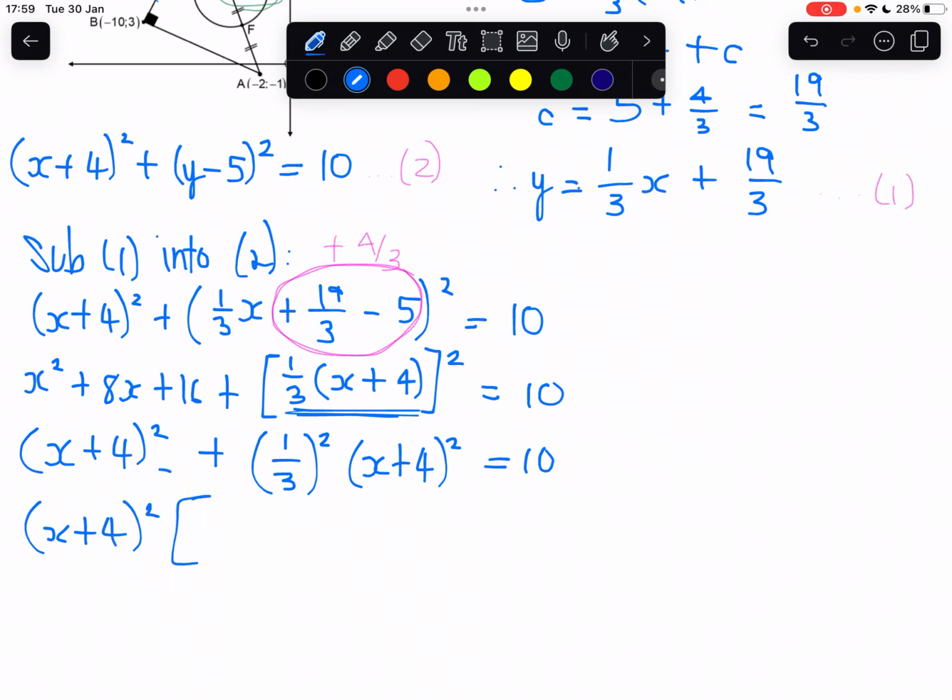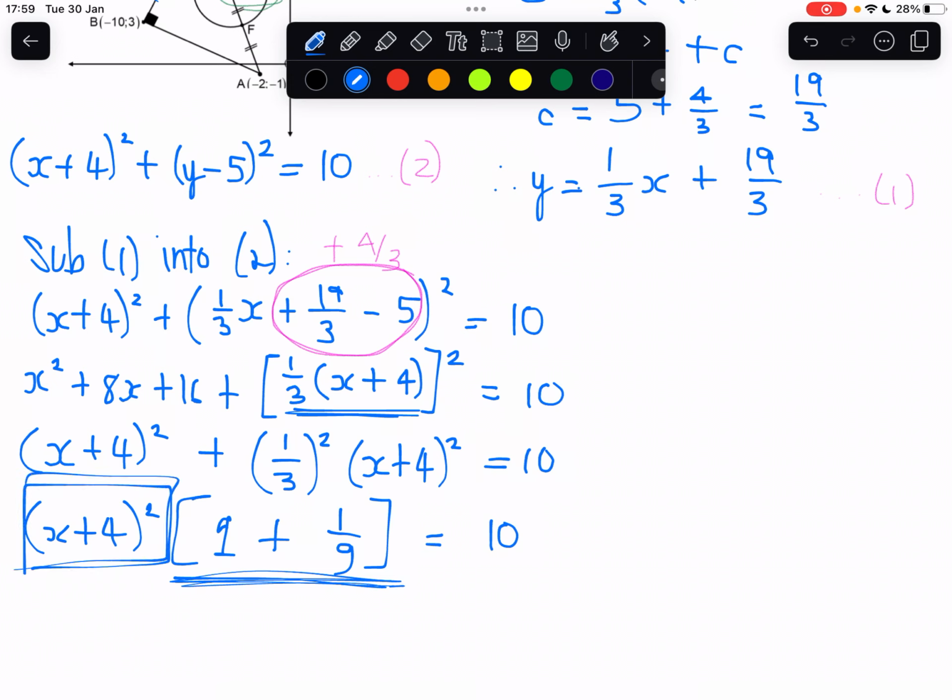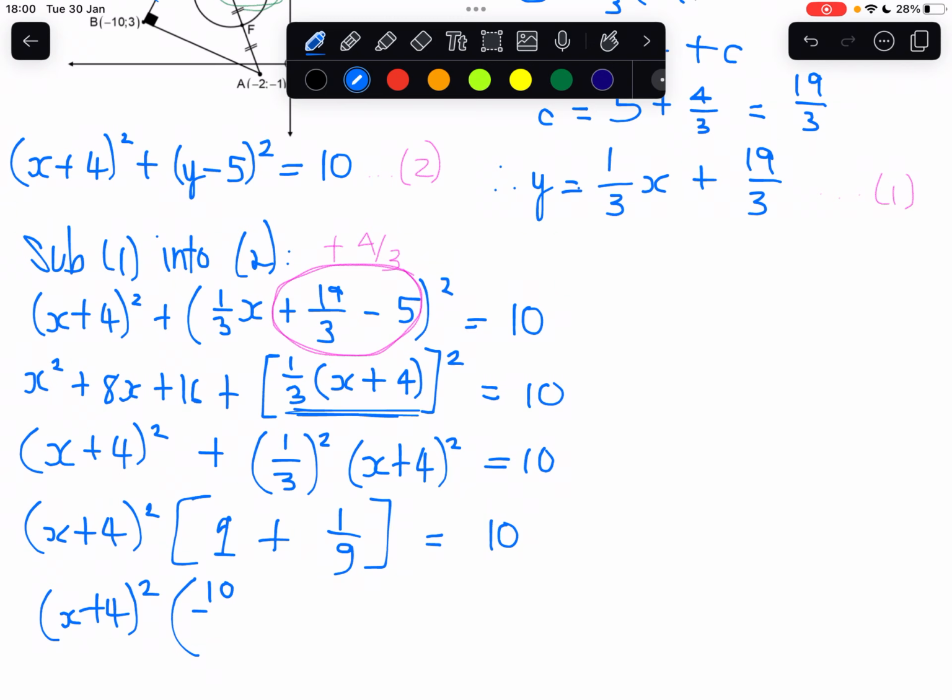I'm going to be left over here just with a 1, and over here we're left with a third squared, which is a 9th. I'm actually going to keep this squared, because I see that this is just a number, so we're going to be left with this on the one side. We can then square root both sides and spare ourselves having to expand. Oh my goodness, I just expanded for nothing. So this is 10 over 9.